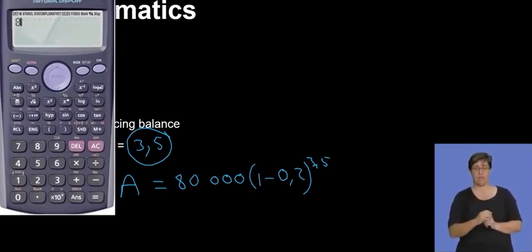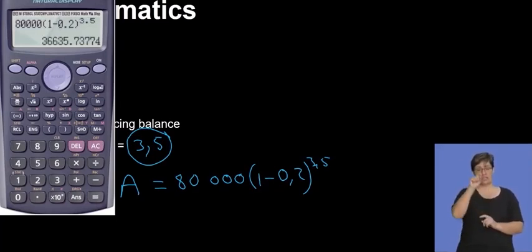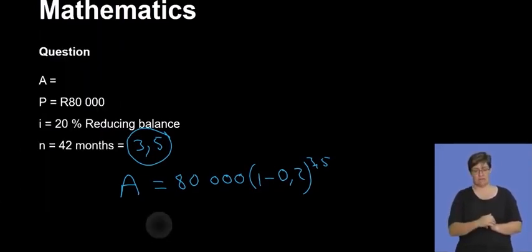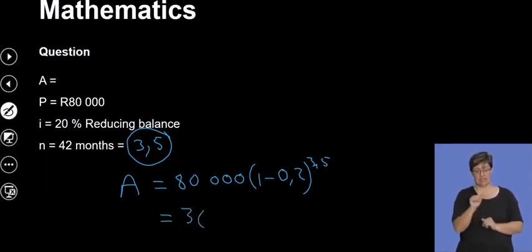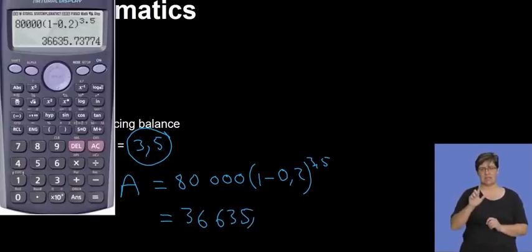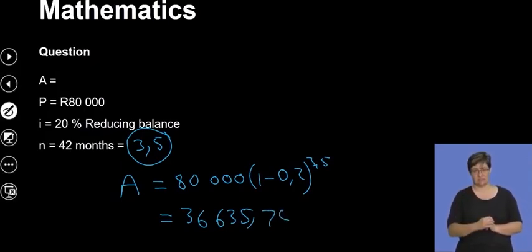So this is going to be 80,000 into 1 minus 0.2 to the exponent of 3.5, and this will give me 36,635, and how many cents will this be? 74 cents.